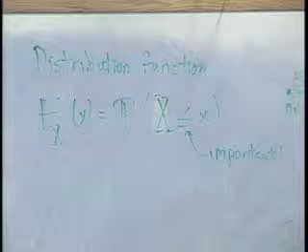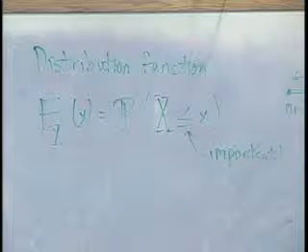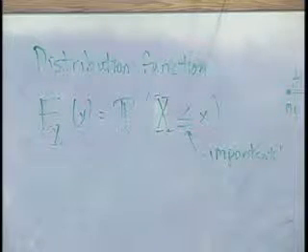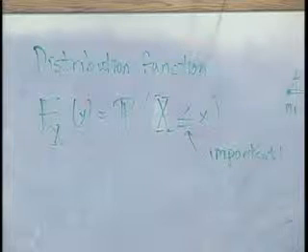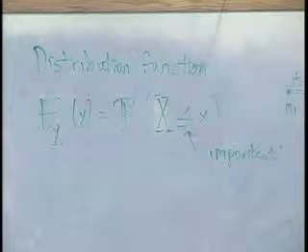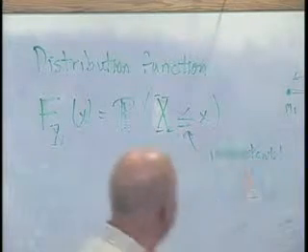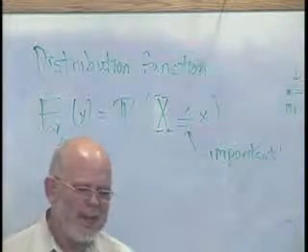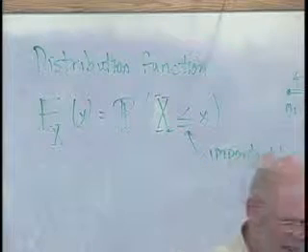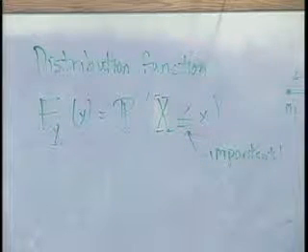And this less than or equal is important because we're talking discrete probability, and there's going to be some finite probability that capital X is exactly equal to little x. If you're dealing with continuous probability, the distinction between less than and less than or equal to should be irrelevant.